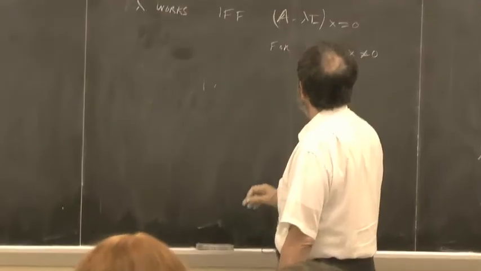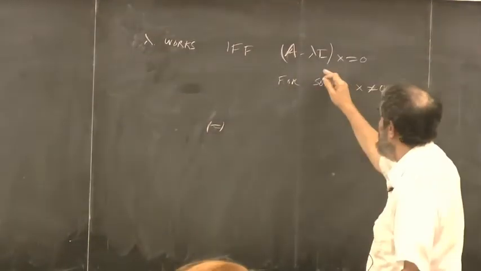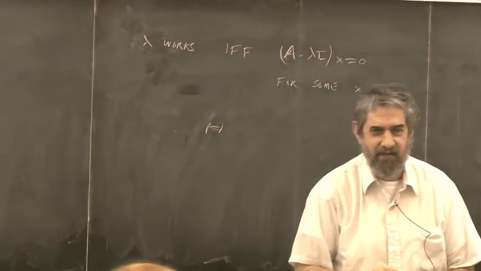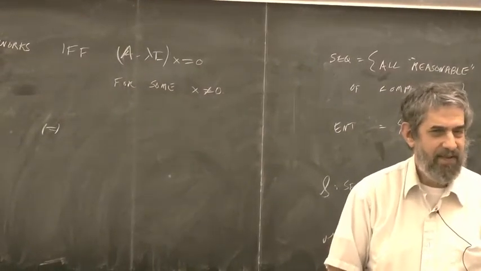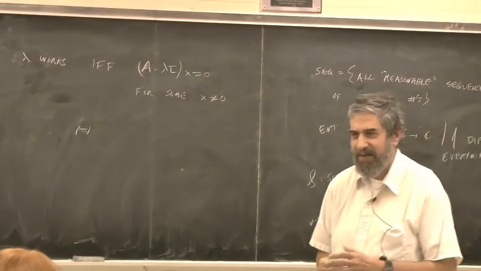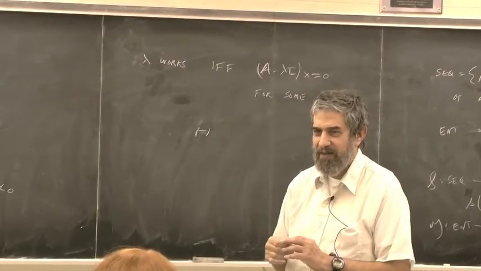All right, so now is there another condition for which you know when that happens? In other words, it's saying that the null space of A minus lambda I is non-trivial. And do you know a condition about when that happens?